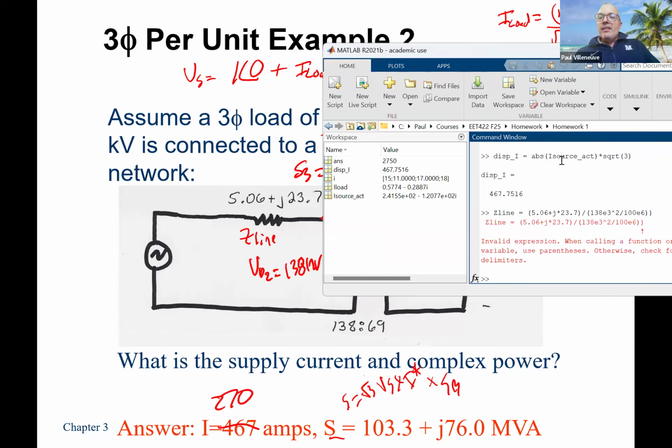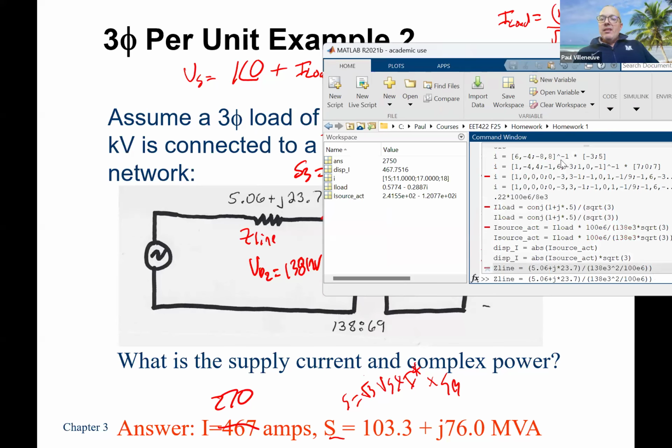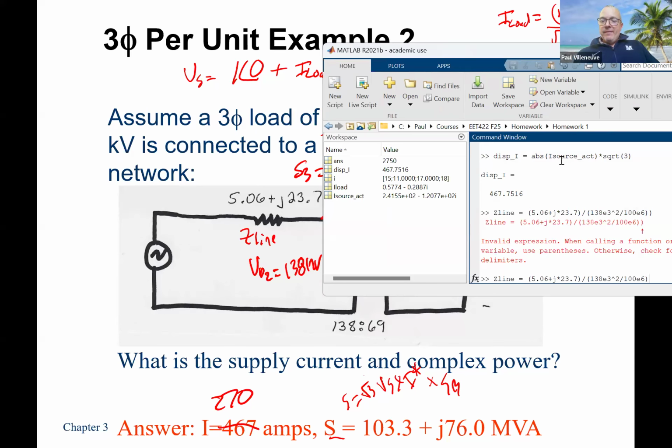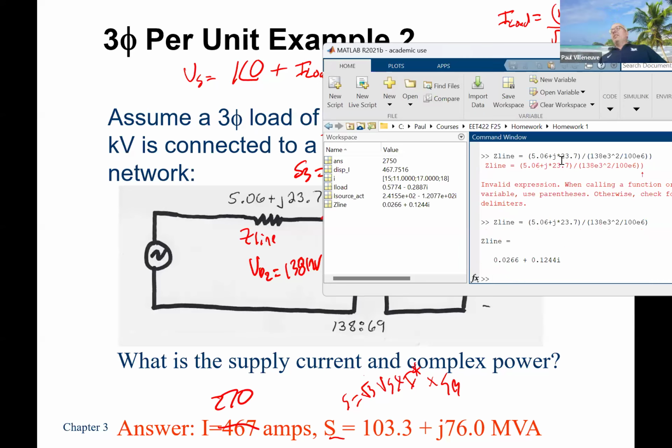What am I missing here? I get an extra bracket. So that's my Z line. And then my load. So I'm just going to copy this up and make the calculation easy.